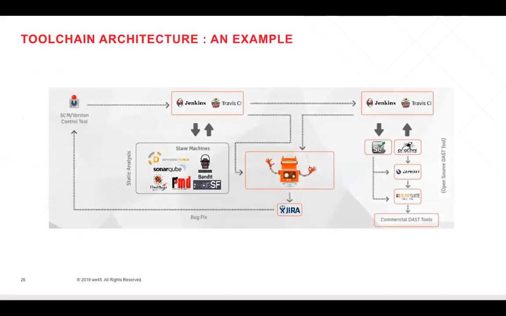And finally, this is an example of a toolchain architecture. This is just a very skeletal structure. Various people might have various versions of this, but this is a simple way in which you could have a CI talk to a set of SAST platforms. Once the SAST scan is done, it will be deployed, and then the DAST scans kick in.